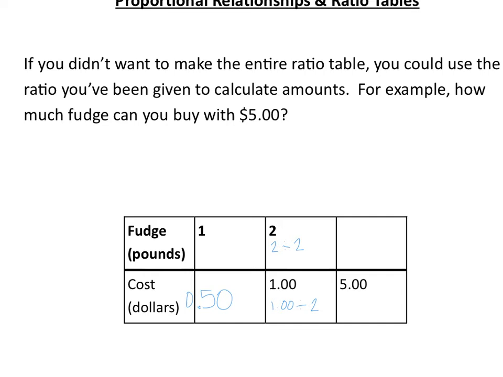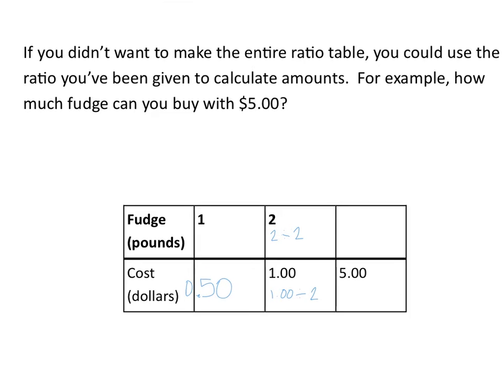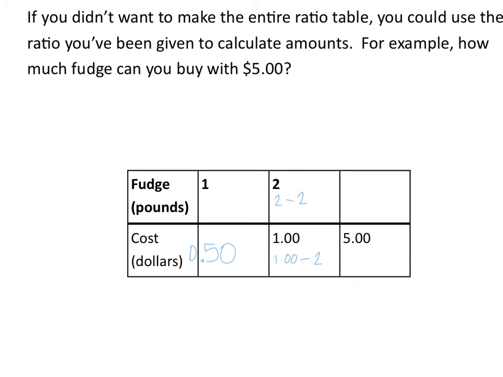And then we could say, all right, to get from 50 cents up to $5, that's 0.50 times 10, which means we would say 1 times 10.